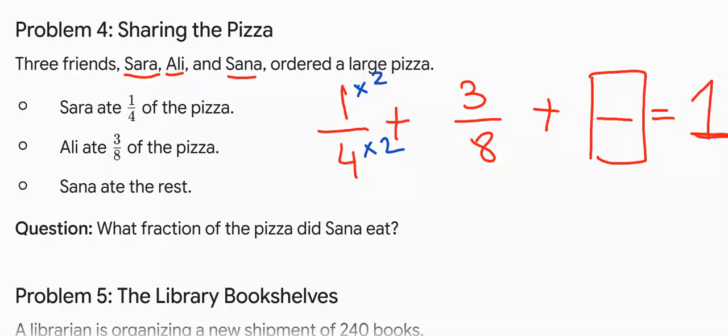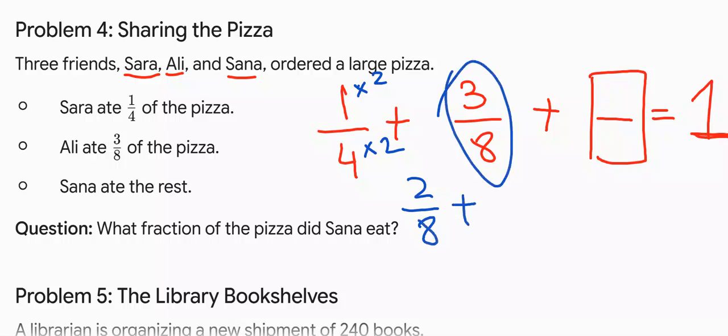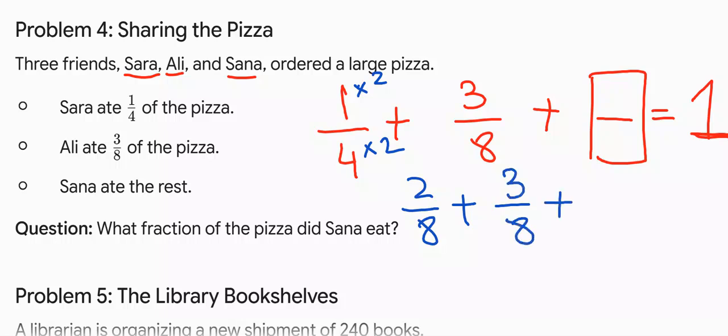I cannot multiply anything with the denominator only. Whatever I have to do, I will do with both numerator and denominator. So my new fraction will become 2 by 8 plus 3 by 8 plus, 2 plus 3 will become what? 5. 5, 6, 7, 8.